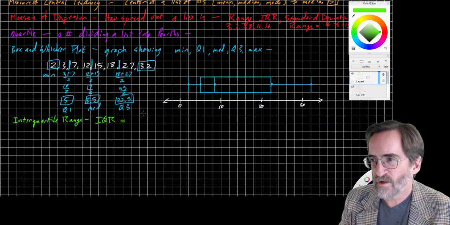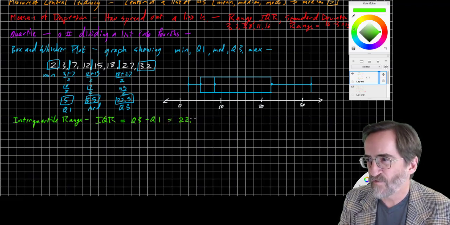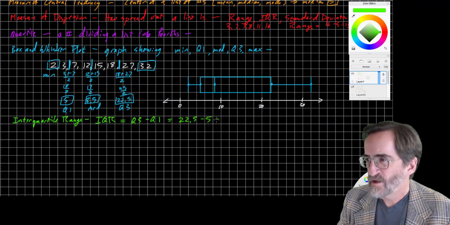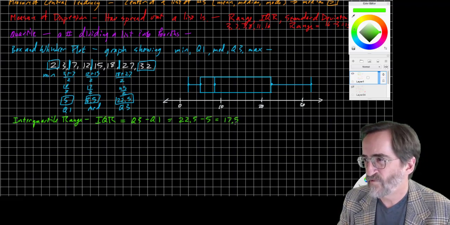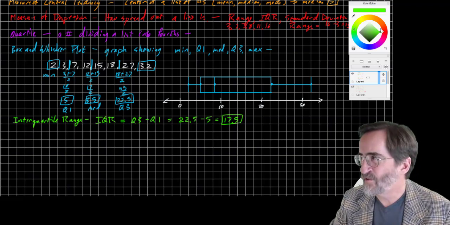It is quartile 3 minus quartile 1. In this case, it is 22.5 minus 5. It can be thought of as the width of the box. And that is 17.5. Interquartile range.